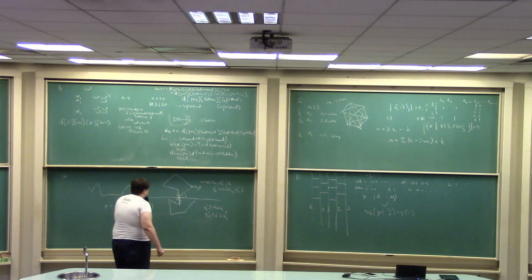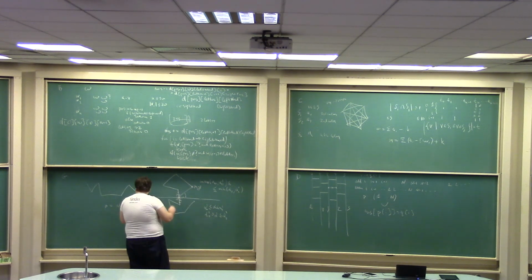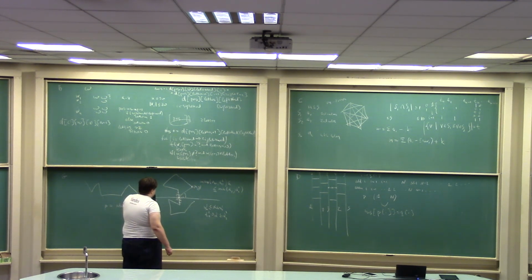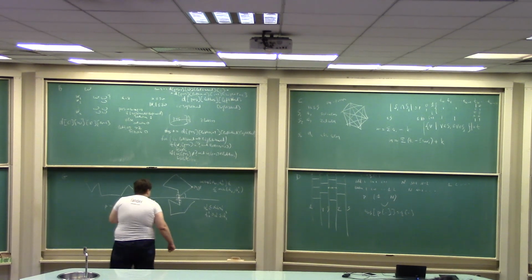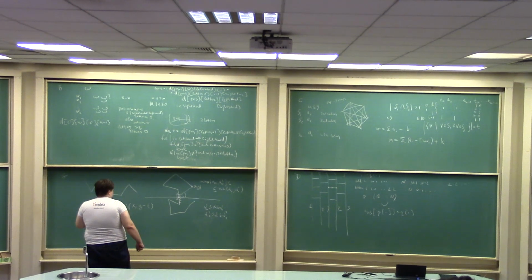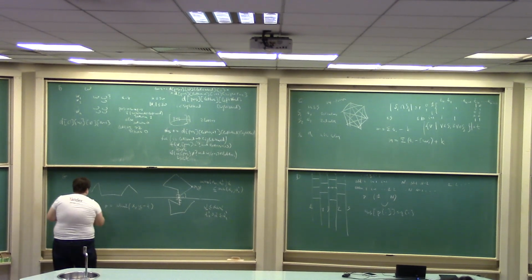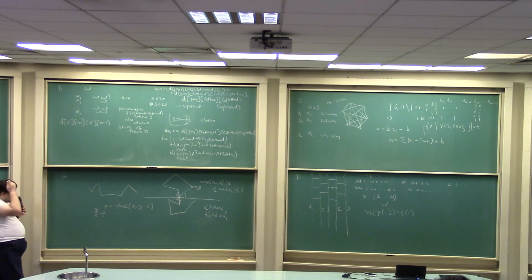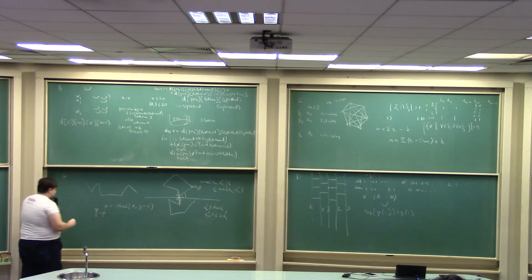So we also have some point here. So this one angle is beta, and basically we can have the minimum angle as half of the t minus beta.